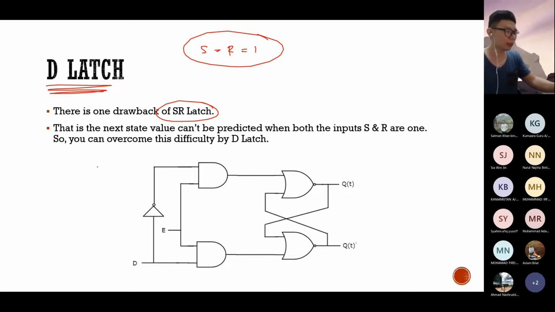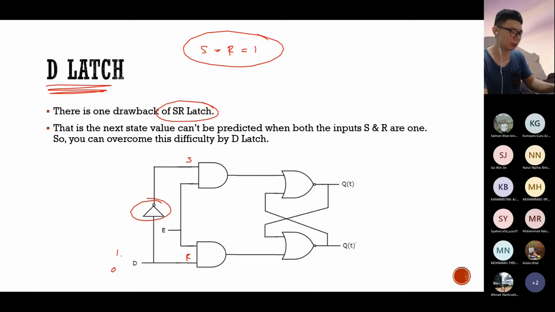What we do in the D latch is add a little NOT gate into the SR latch. If you take a look at this diagram, inside here, this is actually an SR latch, and D over here is going to take the input. D can be 1 or 0.